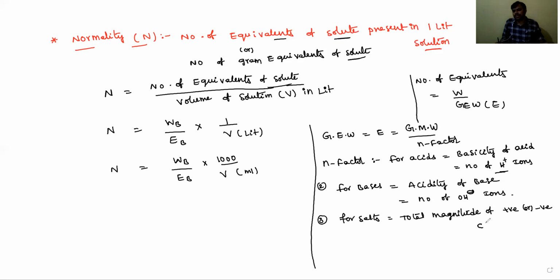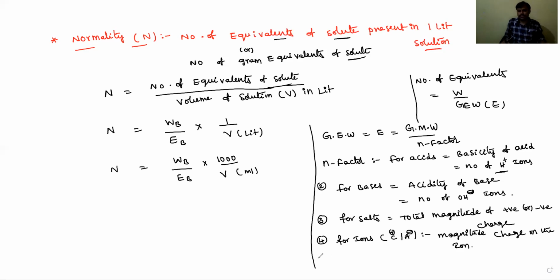For ions, which may be cations or anions, the N factor is equal to the magnitude of charge on the ion.